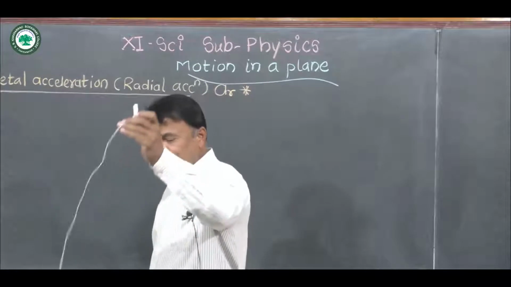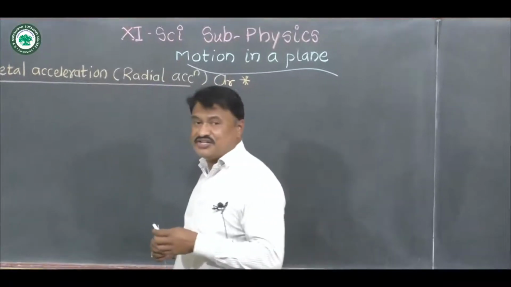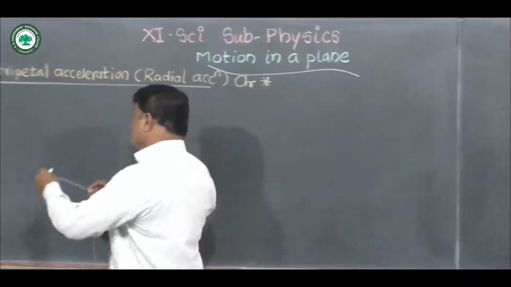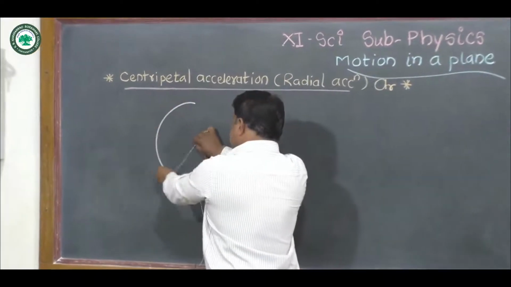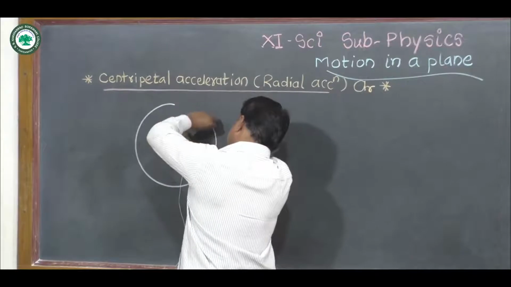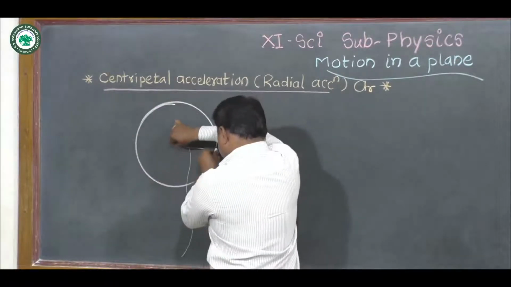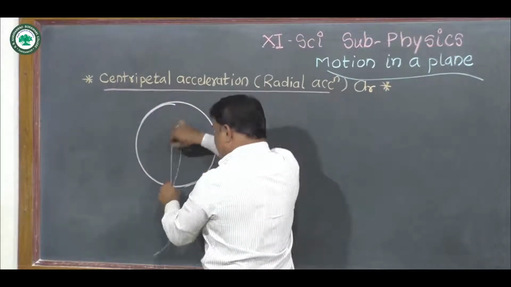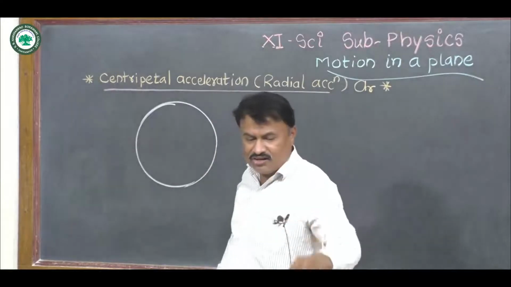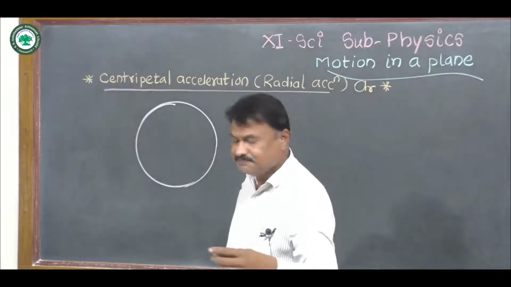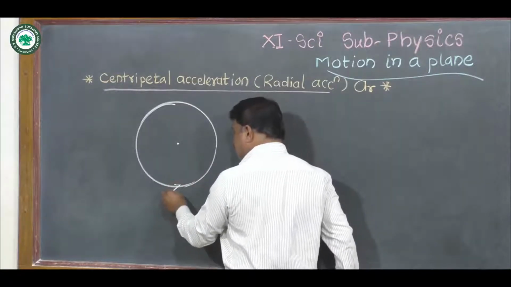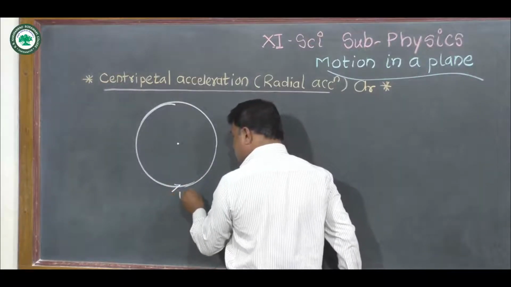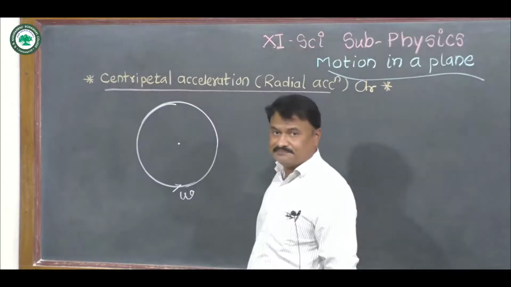Now for centripetal acceleration, we consider uniform circular motion. For that purpose, we consider an object revolving along the circumference of a circle in an anti-clockwise sense with a constant angular speed omega.